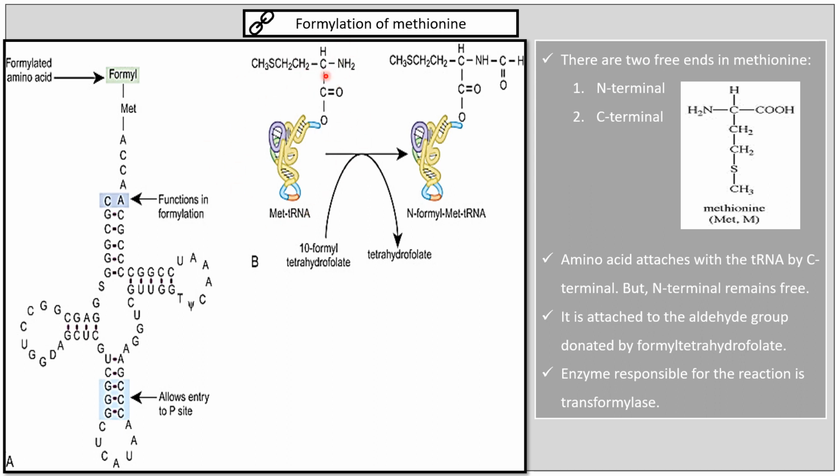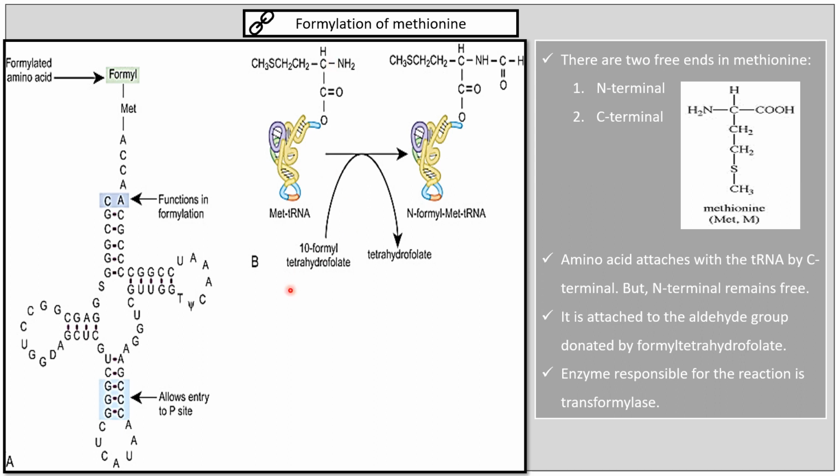Now, this particular amino acid has this free N terminal which is highly reactive in nature. So, it can react with any group, right? So, to preserve the proper conformation of this polypeptide chain, this N terminal has to be blocked or has to be reacted with some particular group.